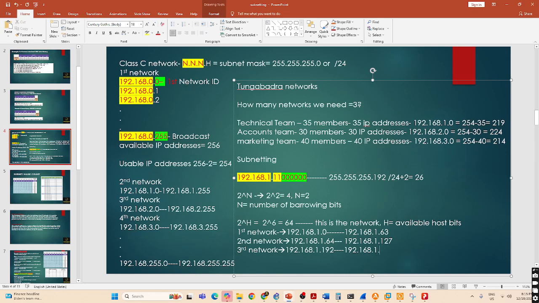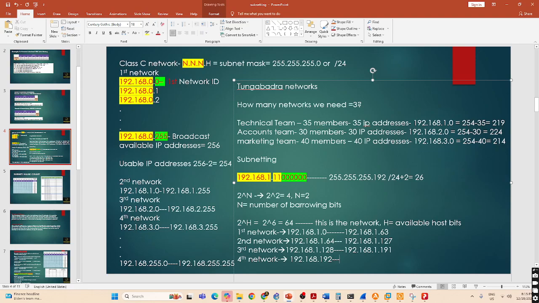Why is the third network starting at 128? Because 127 is finished, so it starts from 128, and 128 to 191 comes. Right? Yes, sir.